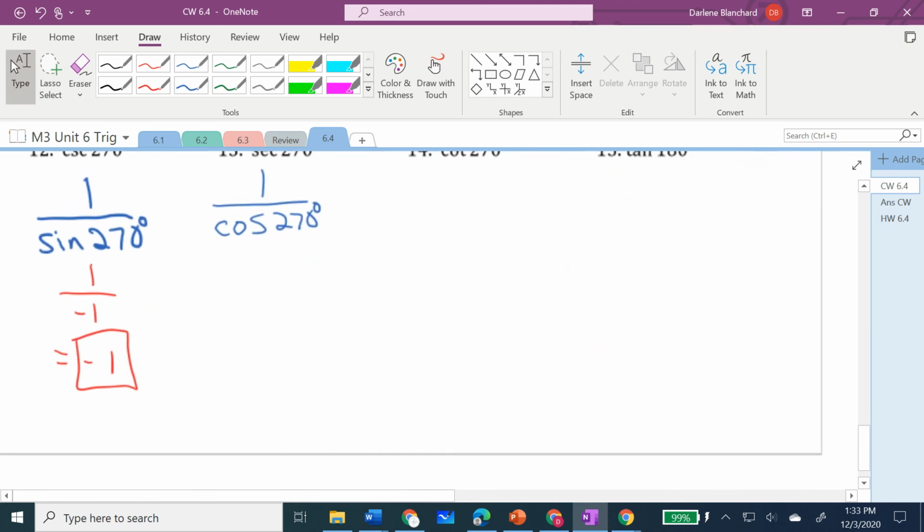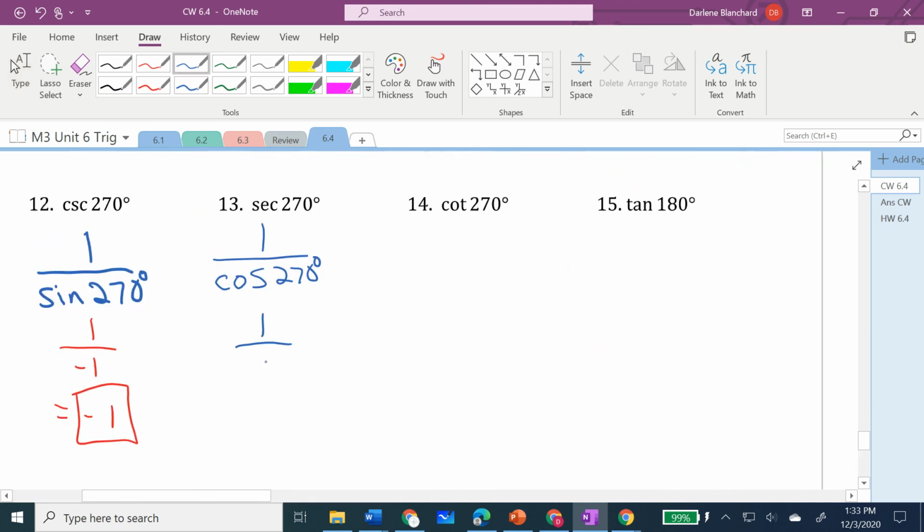So that means the secant of 270 degrees is whatever 1 over 0 is. And what's 1 over 0? I'm looking in chat. What is 1 divided by 0? It is undefined. Dividing by 0 creates problems.